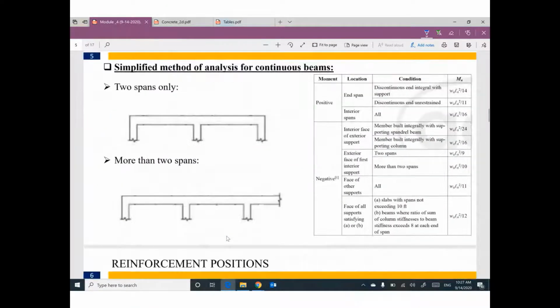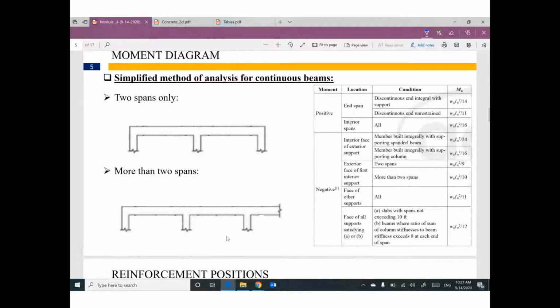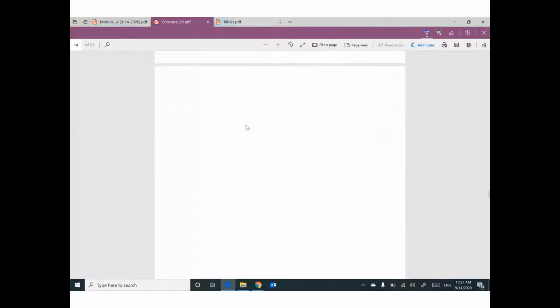Just to remind you of something we learned from structure analysis, and I can remember all of this stuff. If I have a simply supported beam, I'm talking about solving by hand, without any software.